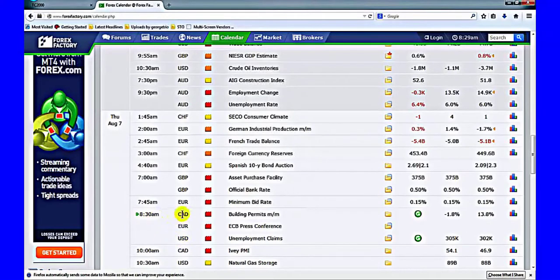This one here, not the Canadian one. This is the unemployment claim in the United States. That's the most important news on Thursdays. My apologies to traders for the waiting time.